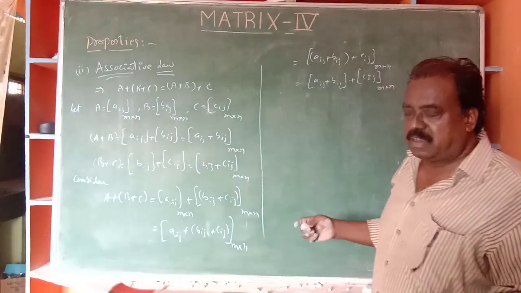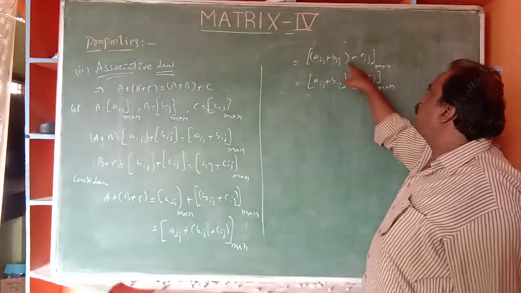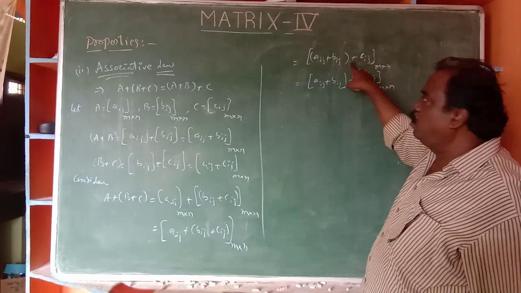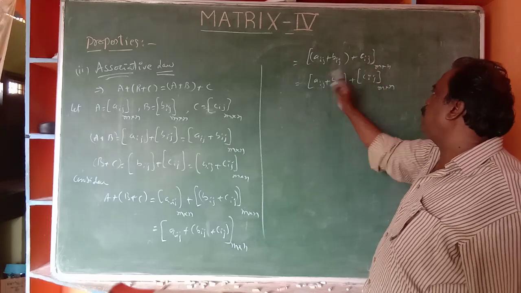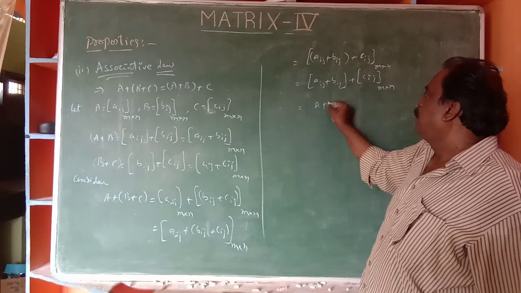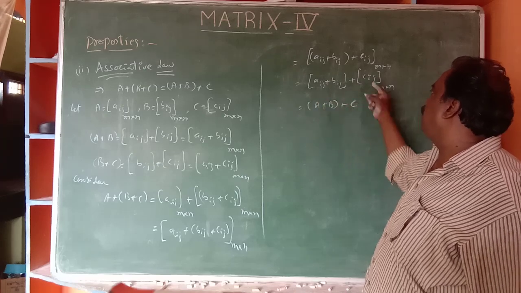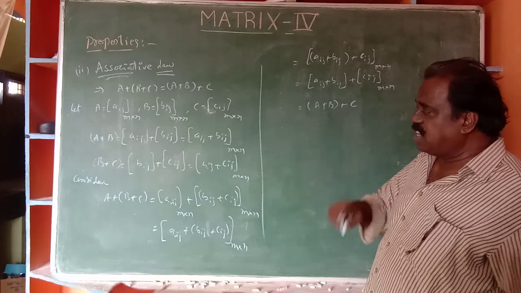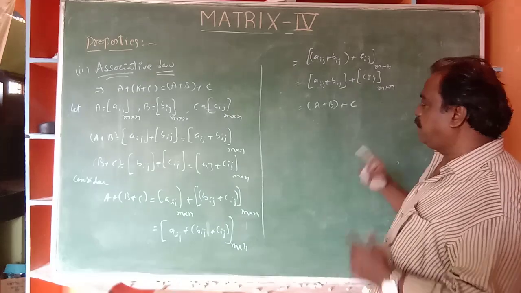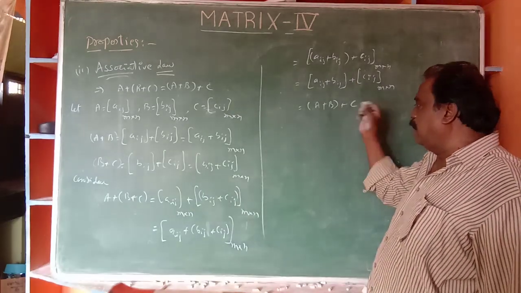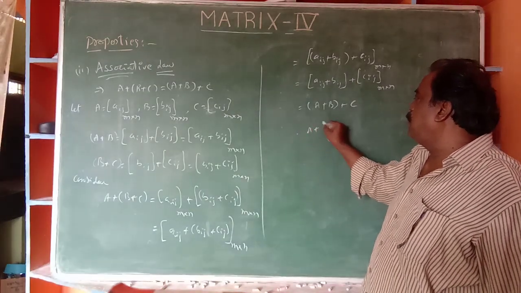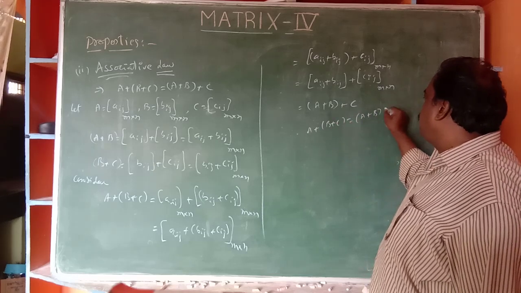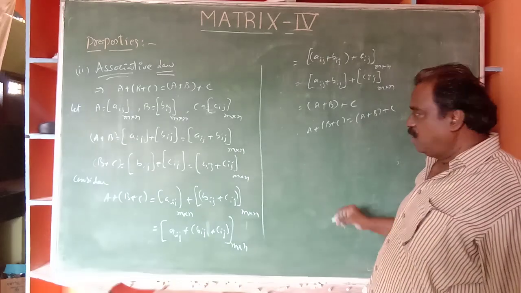In the reverse order, I am applying the sum of matrices. This is nothing but A plus B, and this is C by definition. So we proved that A plus B plus C equals A plus B plus C, regrouped.